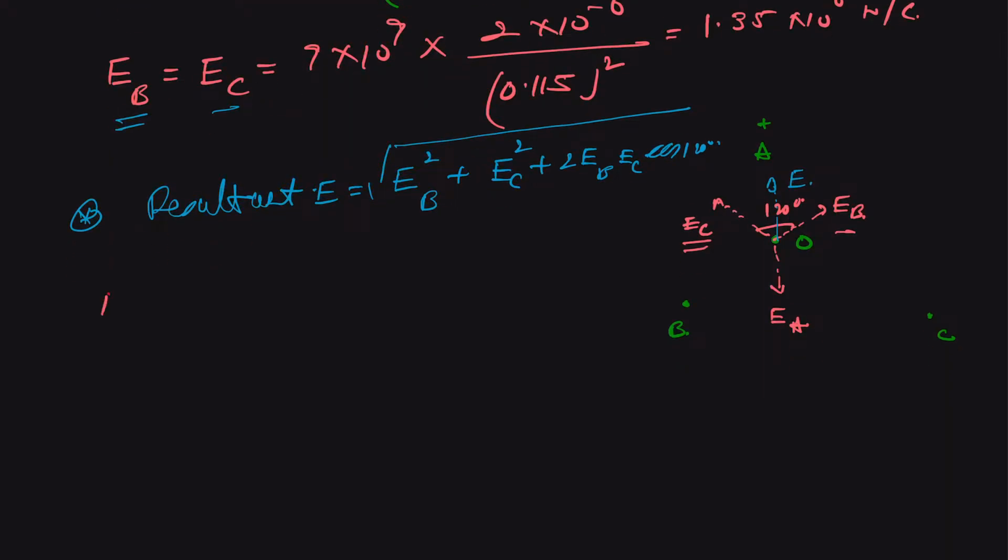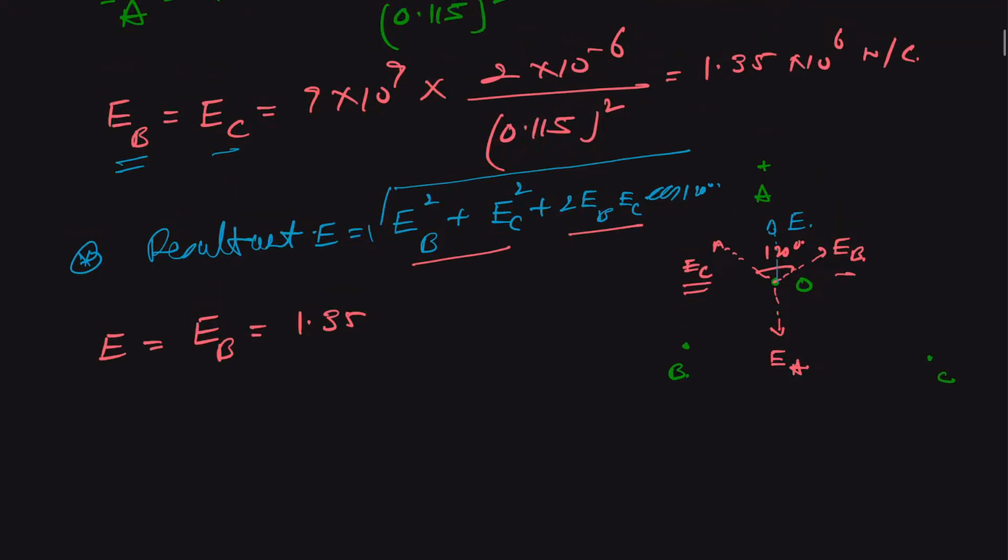So E will be equal to the square root of twice EB square plus twice EB square times cos 120, which is minus 1 by 2, so this will come to our EB, which is equal to 1.35 into 10 to the power 6.